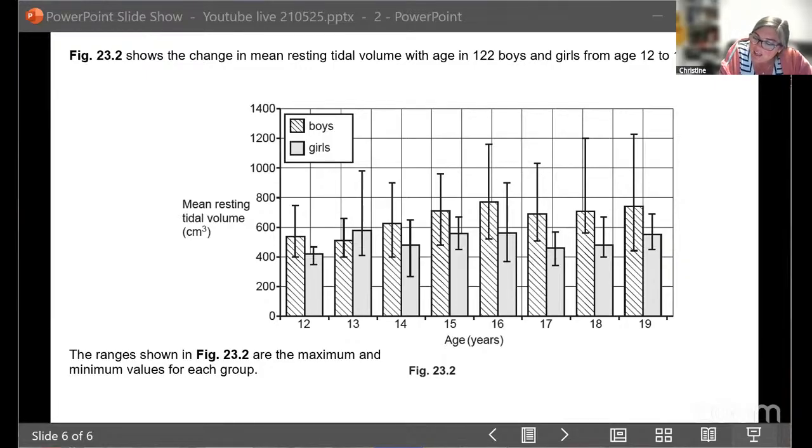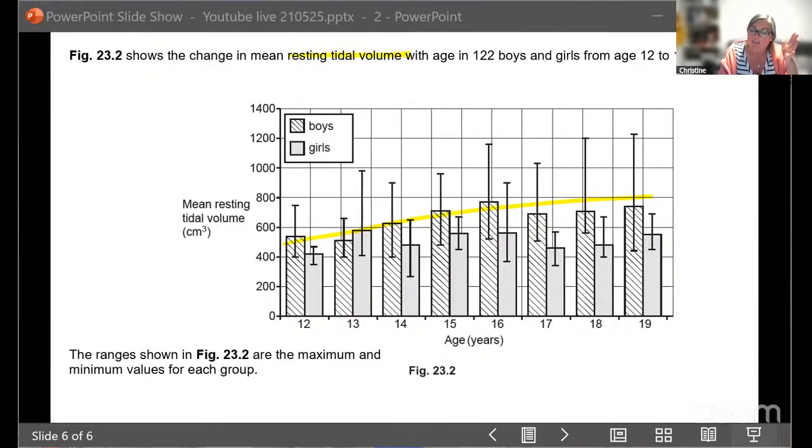But if we're looking at the trend in the data, we can see that the trend is increasing slightly. We're looking at the maximum minimum range and the resting tidal volume.